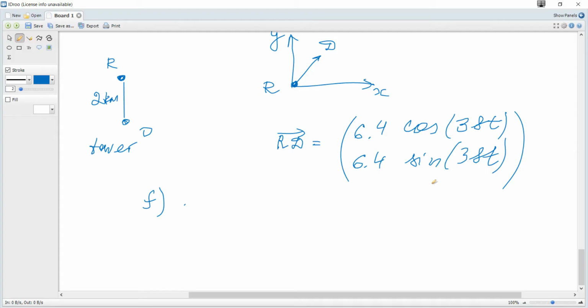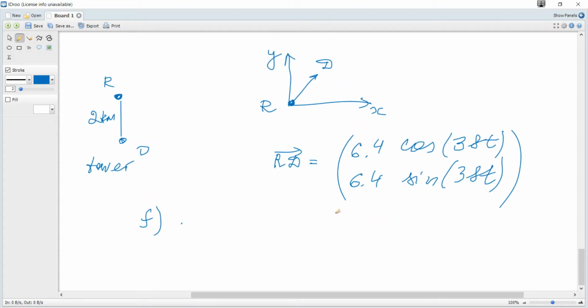Definitely it's not triangular or helix or elliptic or something like that. It's a circle. Why is it a circle? It's similar to the unit circle. You can see that at any moment of time we get the same angle alpha, for example here, and what is 6.4?